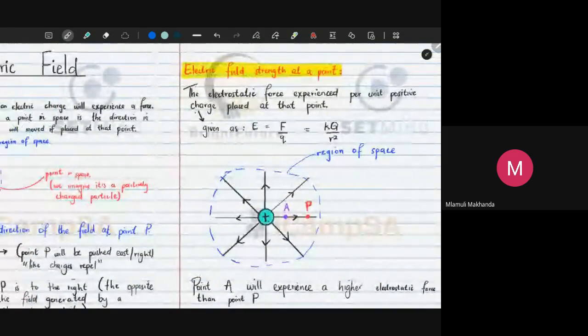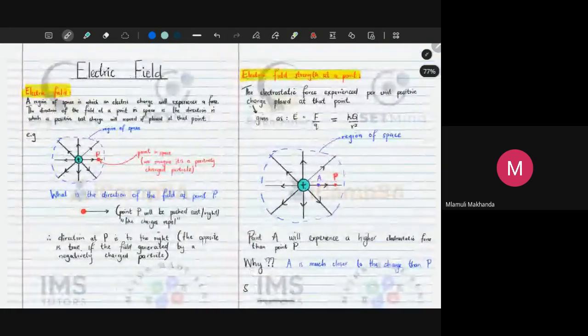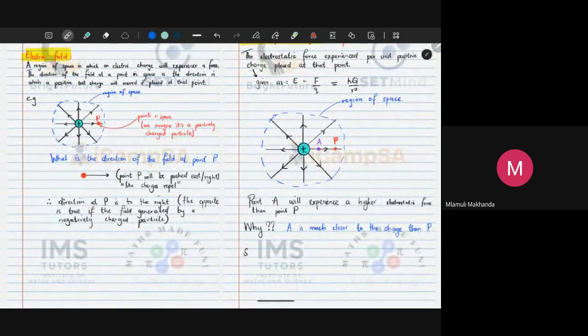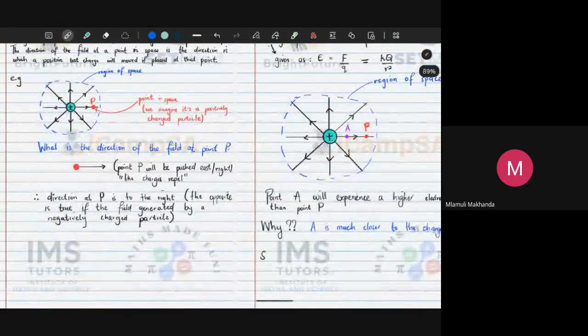We use the formula already listed here to determine the electric field at a point, or at a distance away from the charged particle. The charged particle is positively charged in this example. It can be negative, by the way. It doesn't always have to be positive.